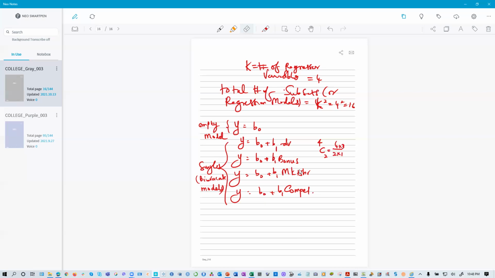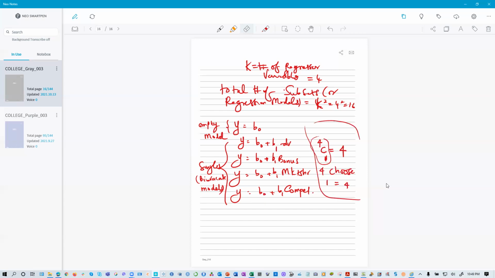I'm sorry, 4 choose 1, one variable. 4 choose 1 is nothing but 4 always. This is the notation. So 4 choose 1 is 4. That's why there are 4 options.